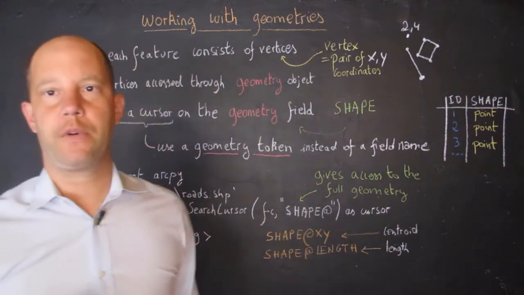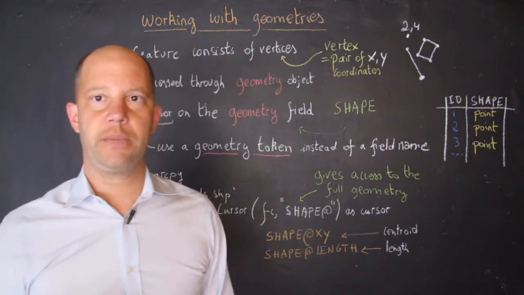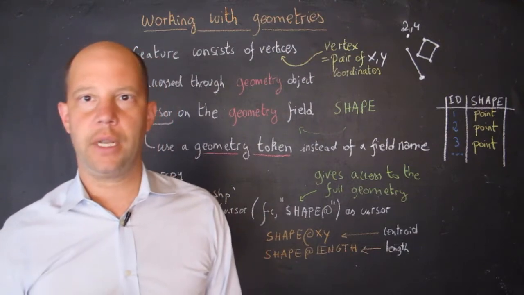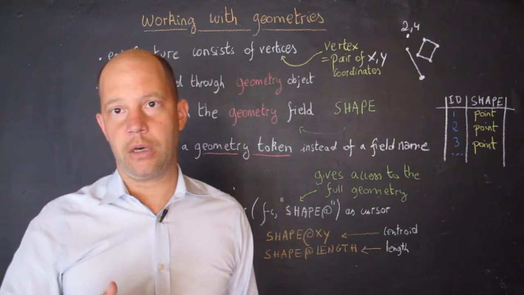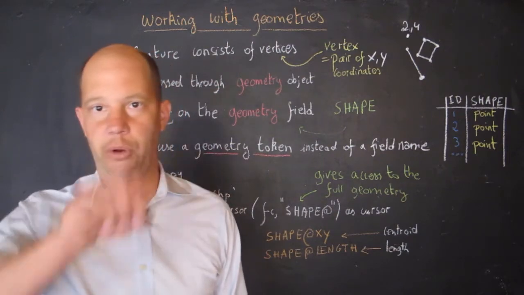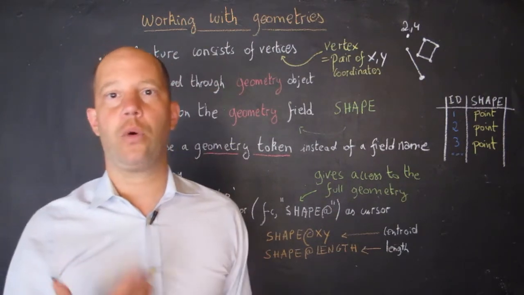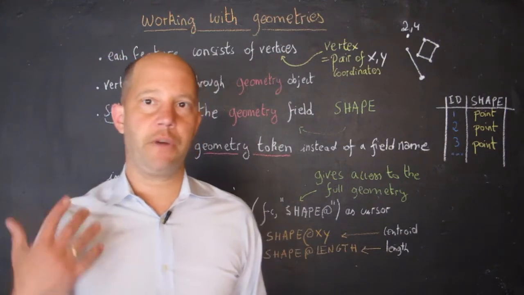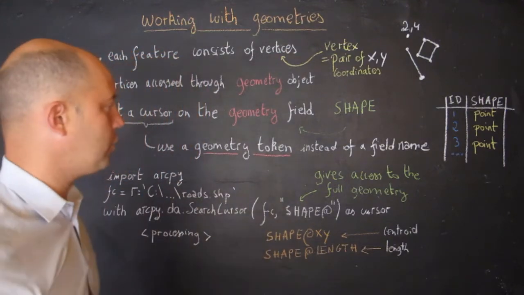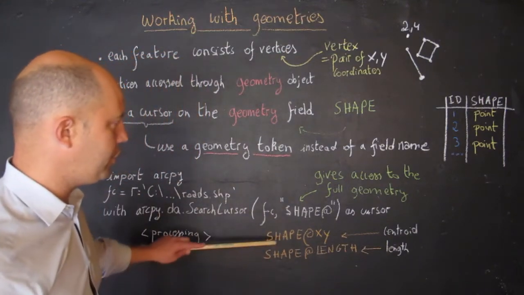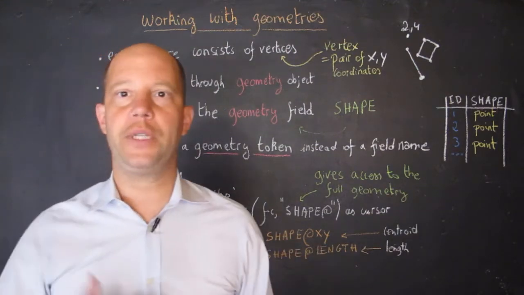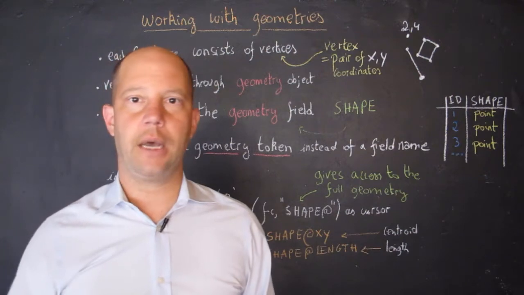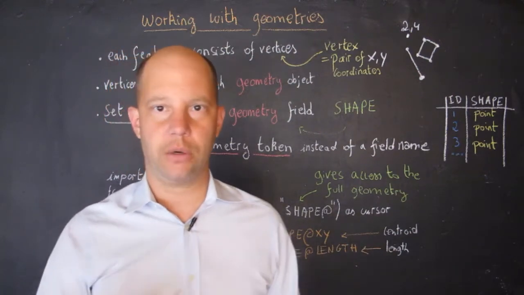So for points, of course, it's just the x and the y coordinates, but for line, it's the length of the line as well as the x and y coordinates of all the vertices. For the polygon, it's the length of the perimeter, is the area, and of course all of the vertices. So sometimes if you have very large data, you may want to just use shape at xy or shape at length to avoid that, to make it more efficient as opposed to accessing all the geometry.